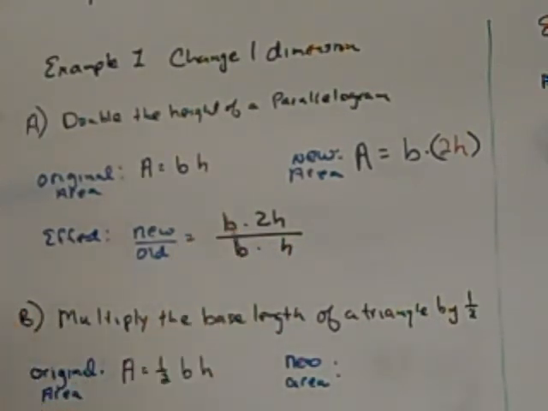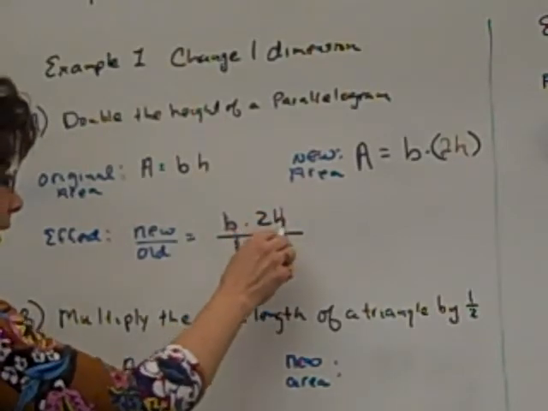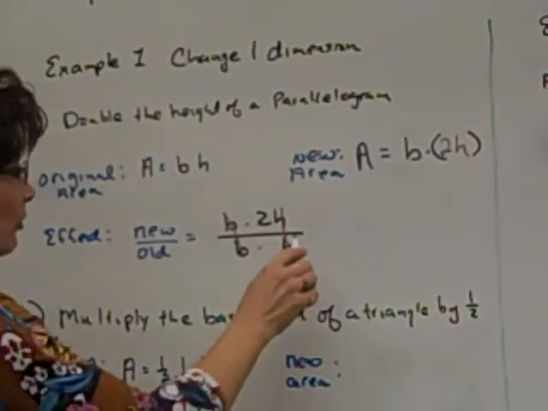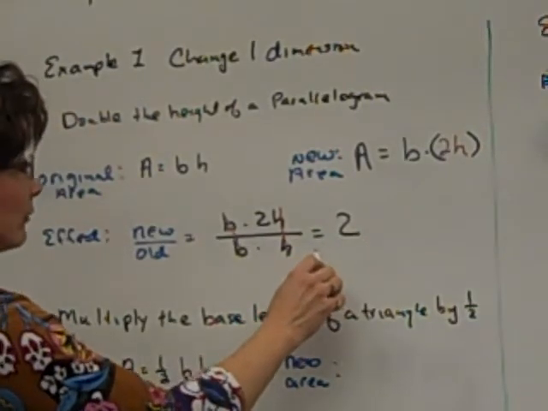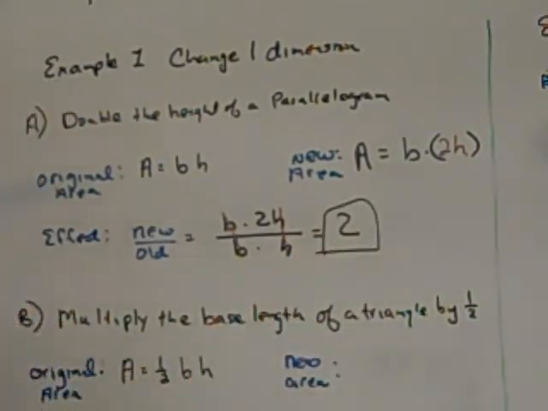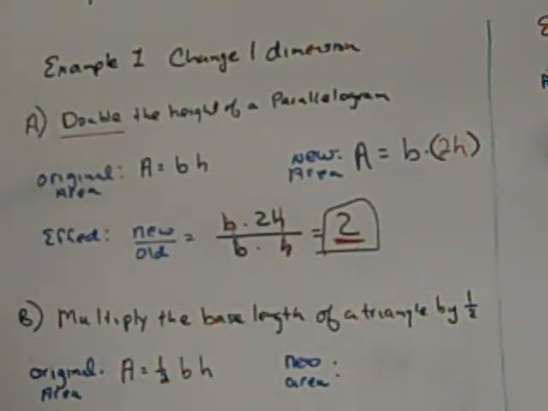Well, b over b, whatever that number is, it's going to cancel out and become a 1. H over h will do the same thing, and I'm left with the new area is twice the area of the old one. So notice if I double one dimension, I'm doubling the area.